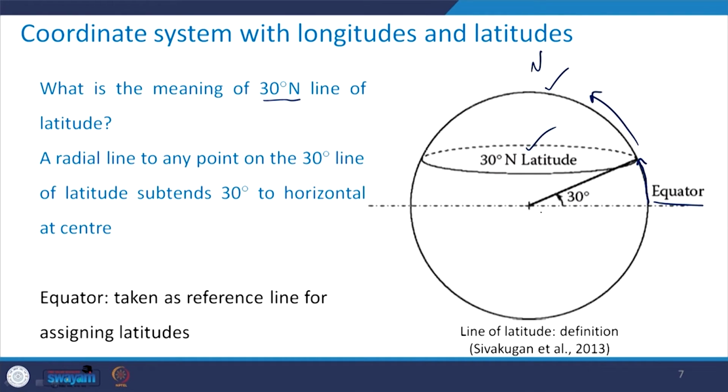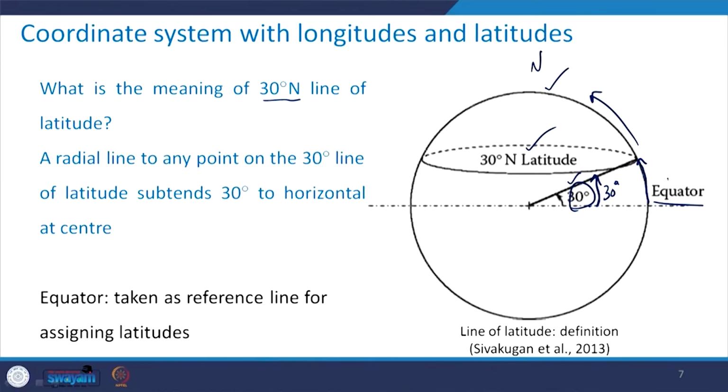A radial line to any point on the 30 degree line of latitude subtends 30 degrees to the horizontal at the center. You see this is the horizontal and this angle is 30 degrees. This is what is called 30 degree north latitude. Basically, the equator is taken as a reference line for assigning latitude.